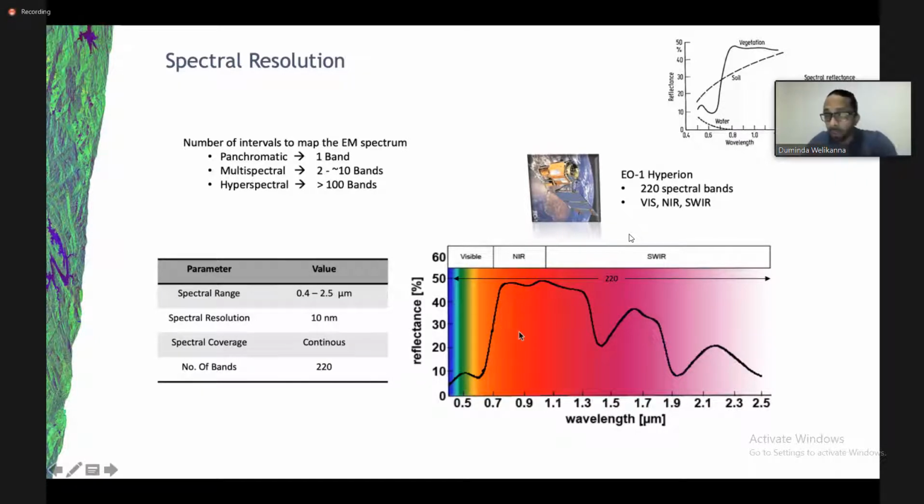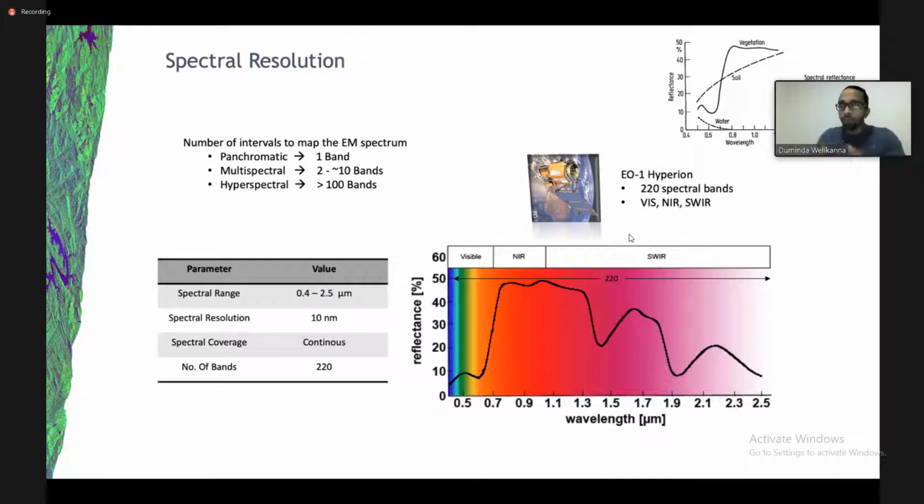If Hyperion has 220 images, just imagine how small the areas are in which it is detecting the incoming radiation. Working with hyperspectral sensors is very important for geologists, where you want to find minerals. If you want to find oil in the sea, you can work on hyperspectral images.